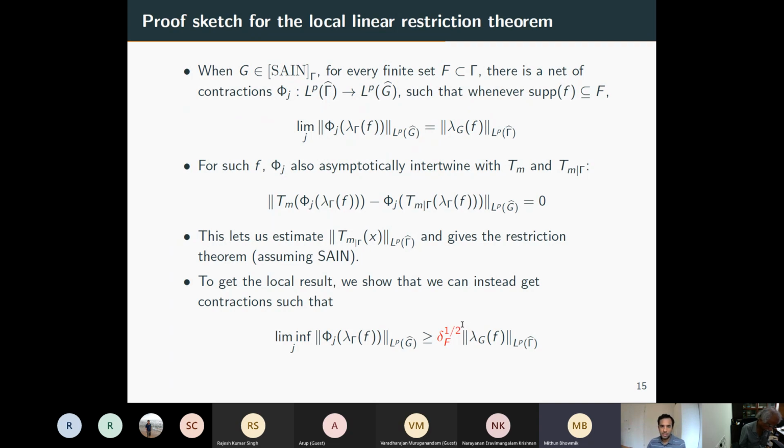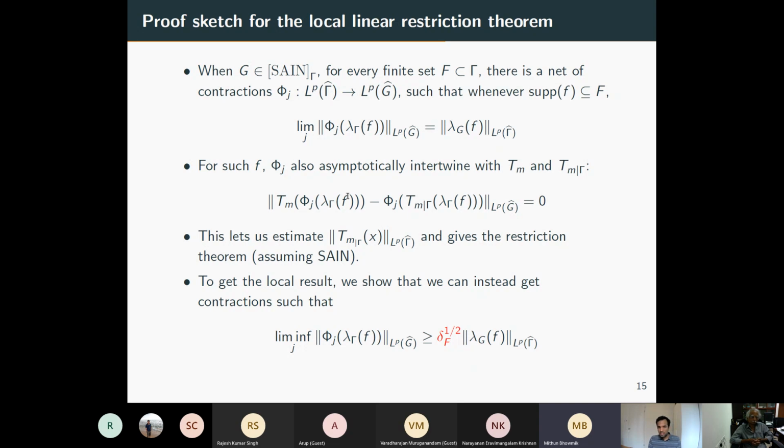So if you have this small almost invariant neighborhood property, in this earlier result by Caspers, Parcet, Perrin and Ricard, what they rely on is showing that there's a net of contractions acting on the level of these non-commutative L^p spaces, which goes from the L^p space of gamma hat to the L^p space of G hat, so that whenever you have a function whose support is contained inside this set F, these contractions in the limit behave like asymptotic isometries.